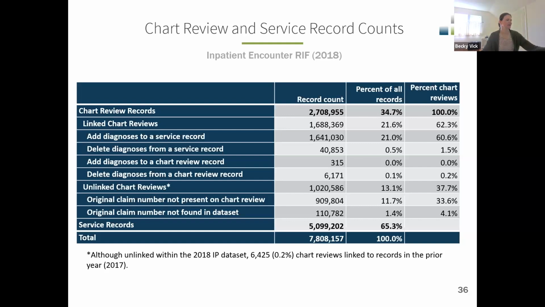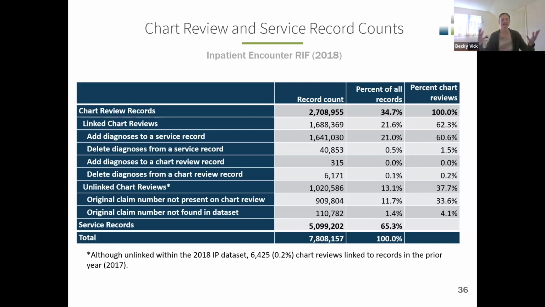You can see that over in the far right column, 60% of linked chart reviews are adding diagnosis codes, or actually 60% overall. Anyway, there's a lot of information in this table.